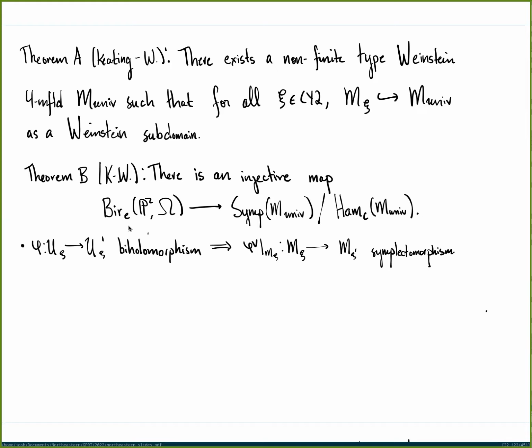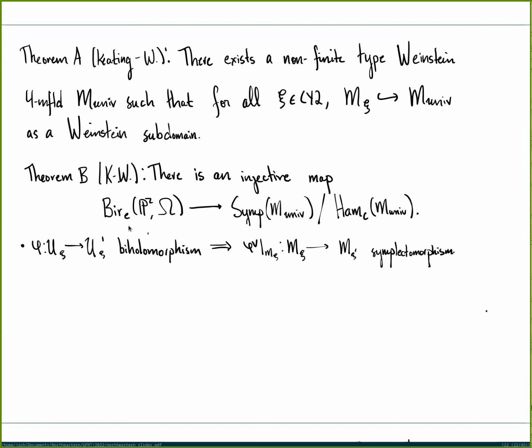And moreover, this correspondence knows about the mirror symmetry, in the sense that if I have one of these maps, a biholomorphism of these log Poincare interiors, then in coordinates, phi gives me a birational transformation of P2 preserving the volume form. That gives me an element of the symplectomorphism group of the universal space.